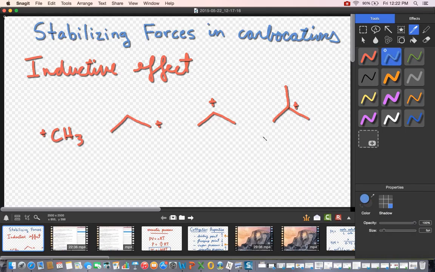If we take a closer look at the tertiary carbocation versus the secondary carbocation versus the primary carbocation versus the methyl carbocation, we're going to find a key difference in an orbital interaction that is designed to stabilize the empty p orbital in all four of these structures.